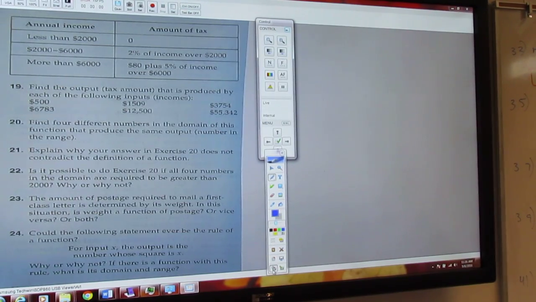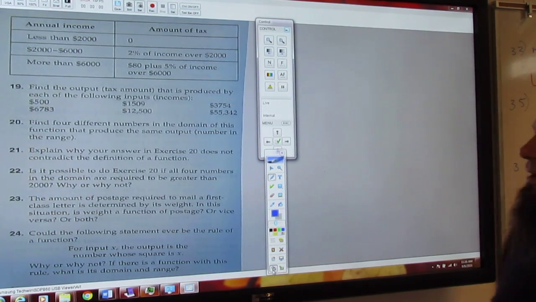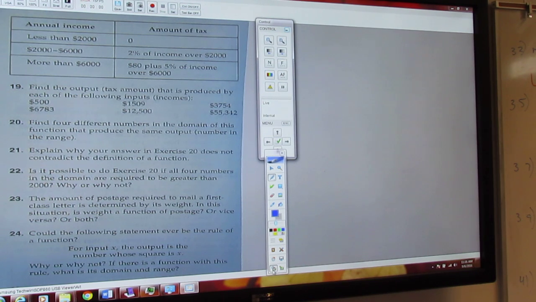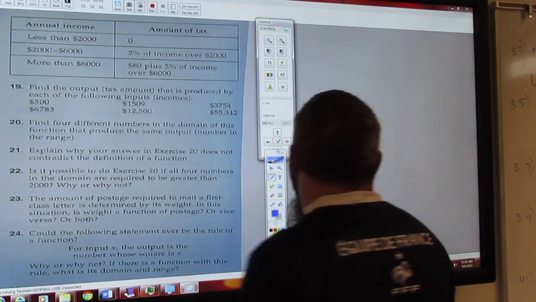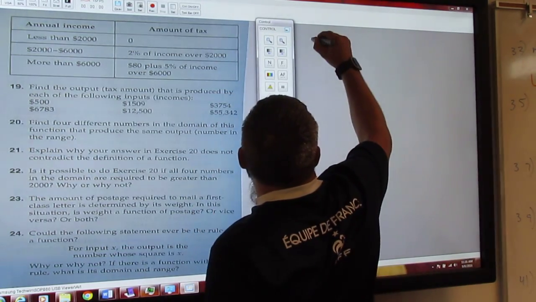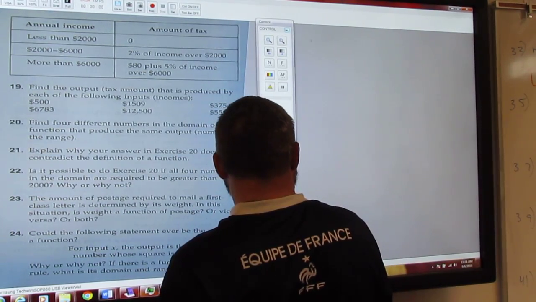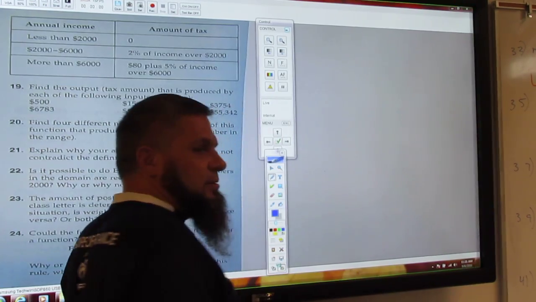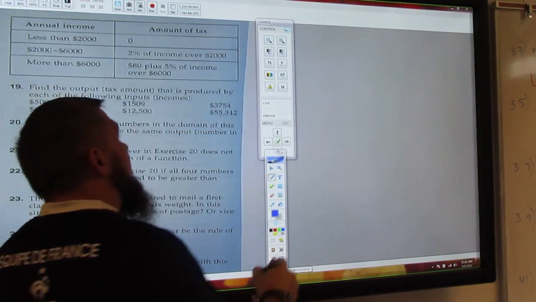All right, so number 19 says this. Find the output that is produced by each of the following inputs. The first input is 500.